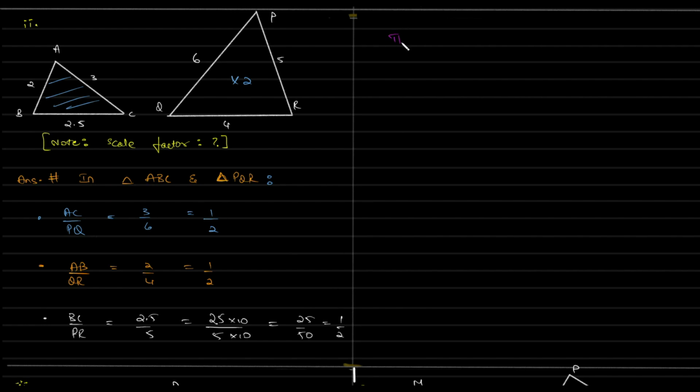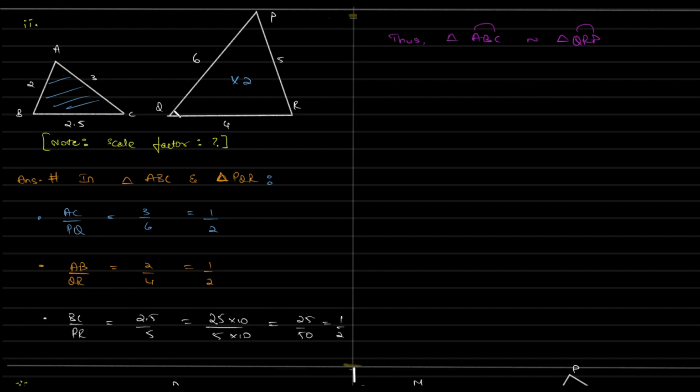Thus, triangle ABC is similar to triangle. Now the order is important. AB is related to QR. So can I write QR? Not yet. We need to see in entirety. BC is equal to PR. So if I take ABC, it is similar to QRP. Just to confirm, look at side AC and QP.